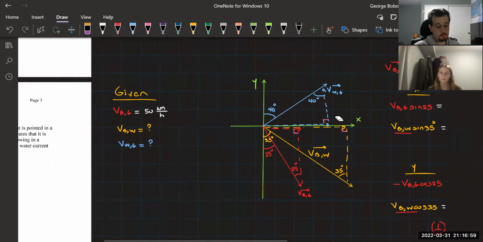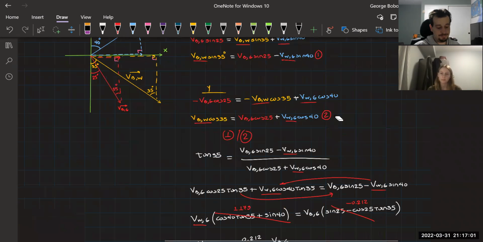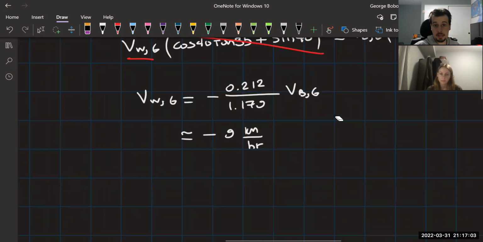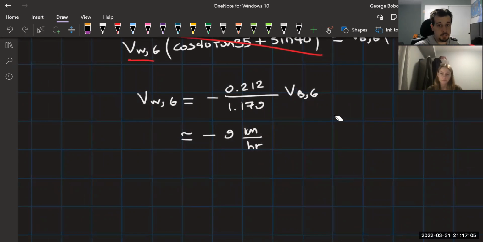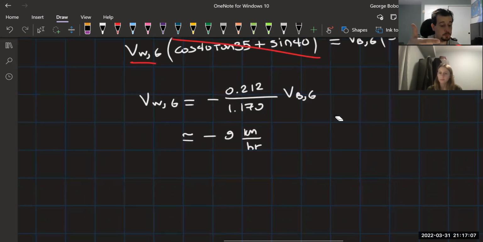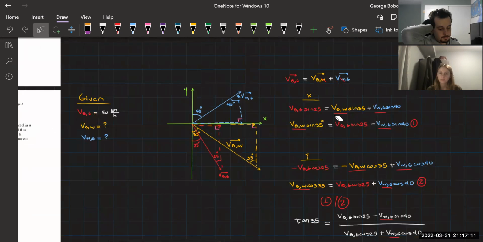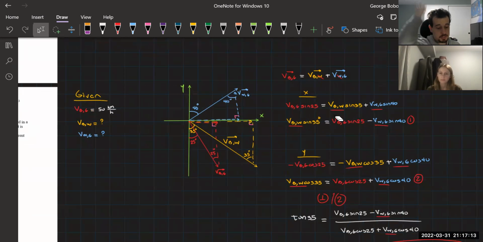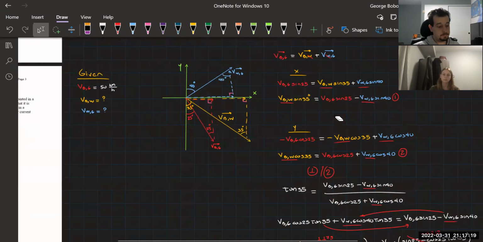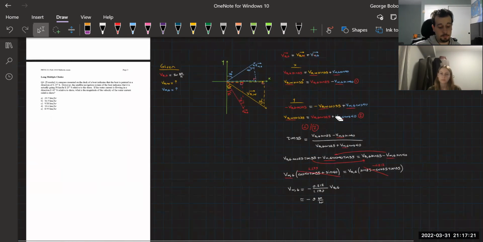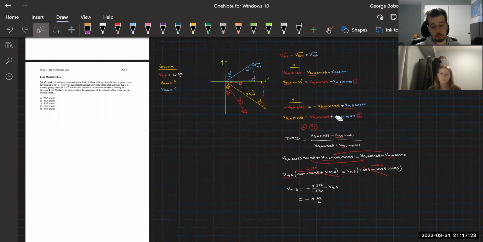So we're getting the correct magnitude, but the sign makes no sense because we've read the angles opposite. If we read it the right way, we'd still get 9 kilometers per hour, but it would be positive now. It's just that we've read them the wrong way. Good to have on the recording too.